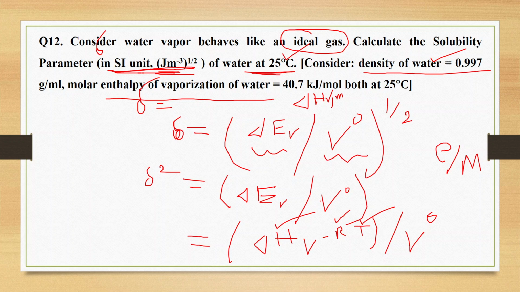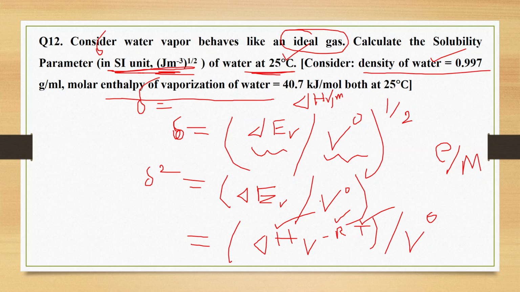Don't forget about converting the kilojoules to joules, and make sure you put the density in kg per meter cube instead of gram per cc. Also you have to put the correct value for R in SI unit. So all the things you have to put in SI unit.